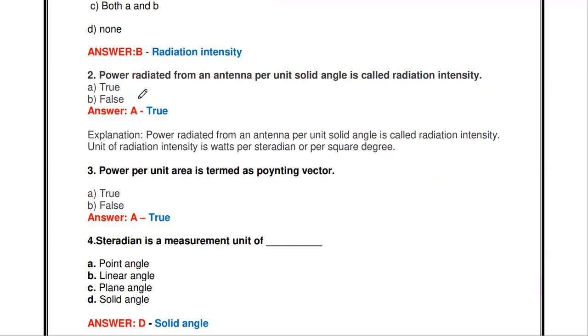True or false? It's true. The definition of radiation intensity is the power radiated from an antenna per unit solid angle. How much power is radiated per unit solid angle is mentioned by the unit. It is called radiation intensity.